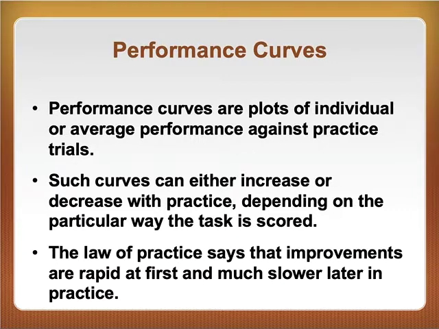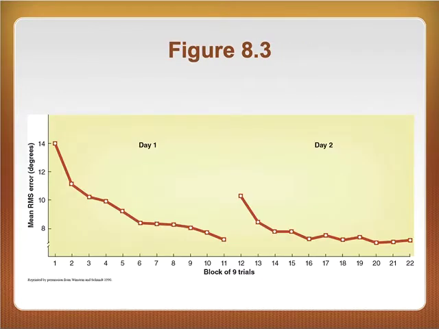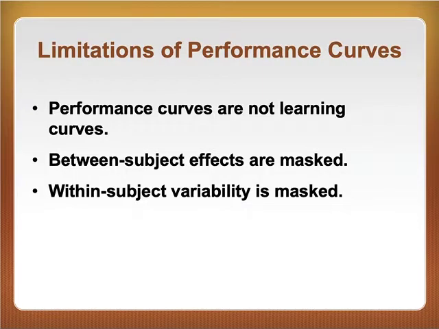So if it goes from hitting a golf ball straight to, how do I hit it straight and with a little bit of a curve on it, or straight and backspin, or something like that, you see smaller things. But the big one, going from not knowing how to hit a golf ball at all to learning how to hit a golf ball, is where you're going to see much bigger improvements. So that's performance curves and the law, and that's just an example of that.